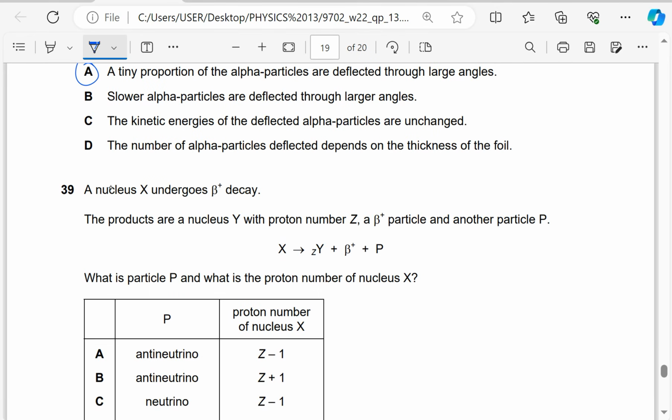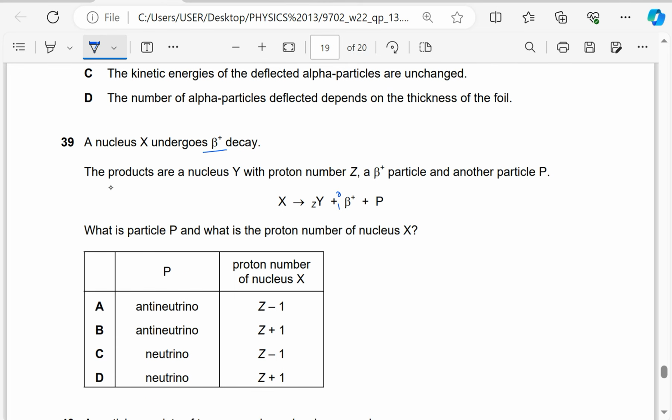A nucleus X undergoes beta plus decay. So X is giving us beta plus. Remember, beta plus is 0, 1. The products are a nucleus Y with proton number Z, a beta plus particle, and another particle P. What is particle P and what is the proton number of nucleus X?